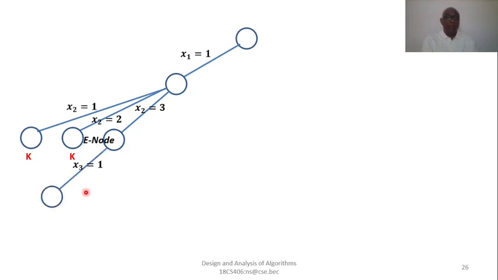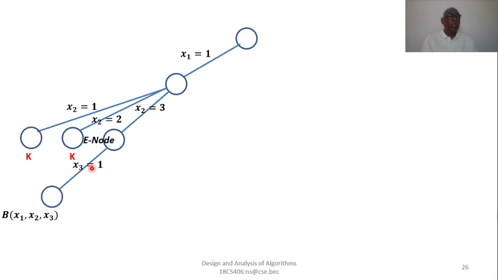Take x3 equal to 1. As a result, this node is created. Does it satisfy the bounding function? It does not, for the trivial reason that x1 equals x3, and hence the column constraint is not satisfied.